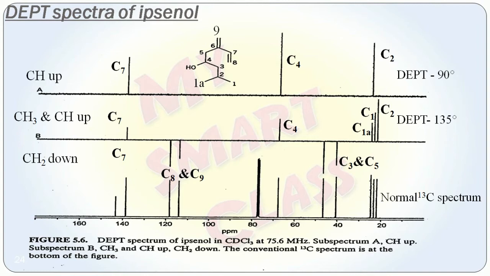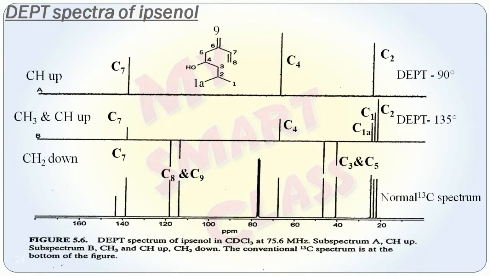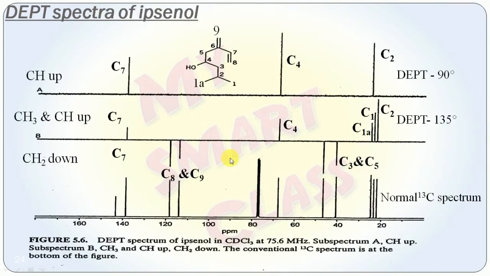So that indicates which carbon the signal belongs to. Like in this case, this signal is upward, means this is DEPT 90, so this is CH. So we can find this will be CH and this is CH. There are no other signals. Okay, this is upward, means this is CH, so this is also CH and this is also CH.